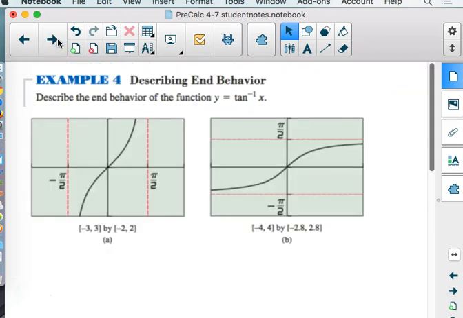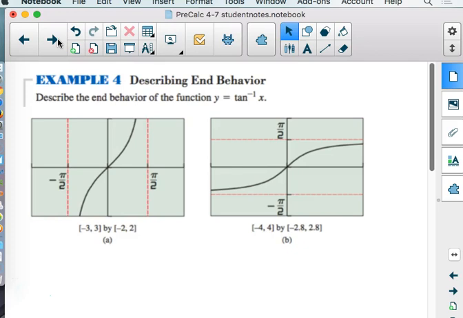So now, describing the end behavior. All right. This is going to make us think about tangent a little bit more and inverse tangent. It's different because we had asymptotes. And because the range of tangent is negative infinity to infinity, when you switch the domain and range to do inverses, it's going to be negative infinity to infinity.